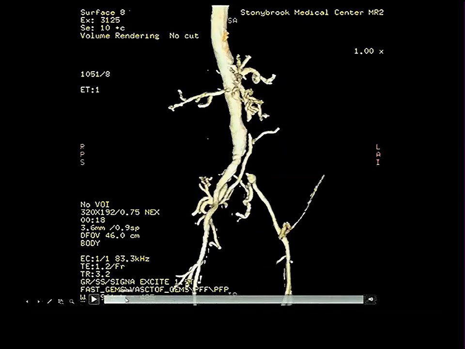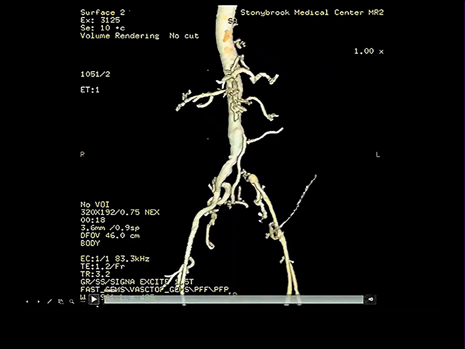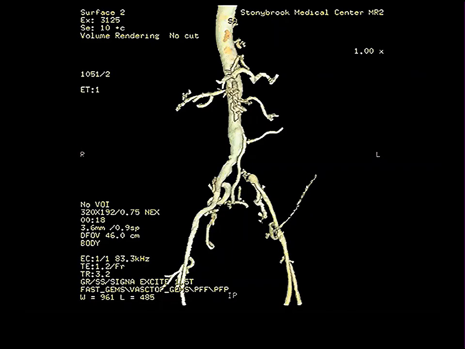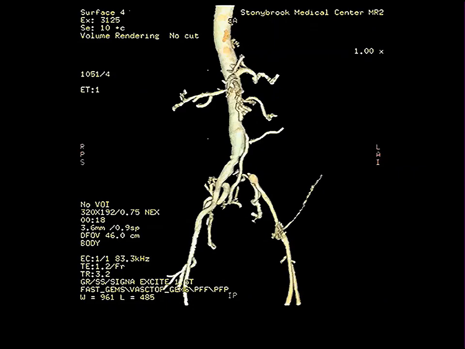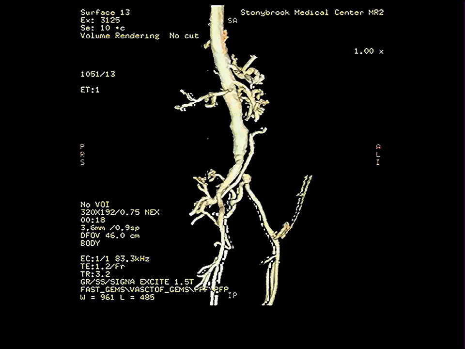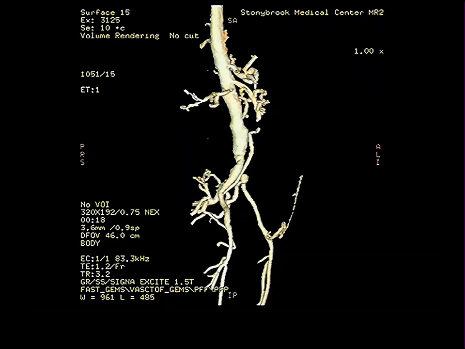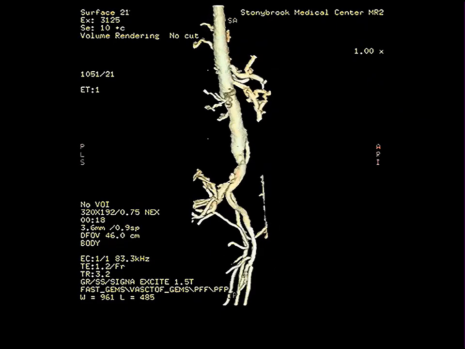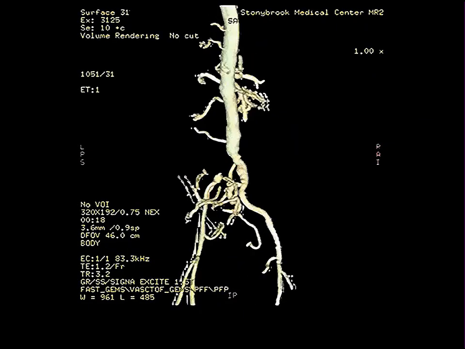So here's the straight-on anterior view. Something is really wrong. Here's a side view. Something is also wrong. A second thing is wrong. Here's a posterior view.